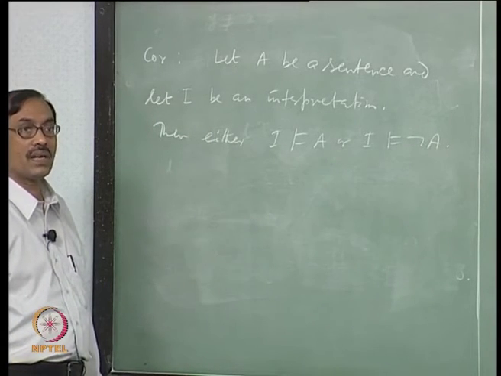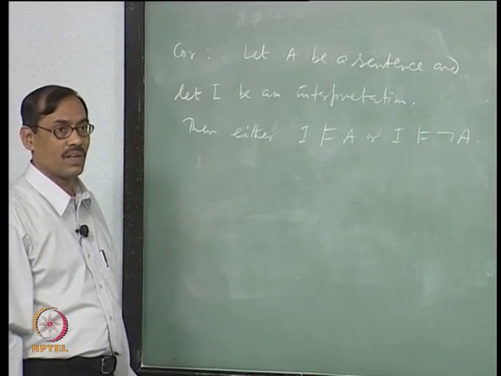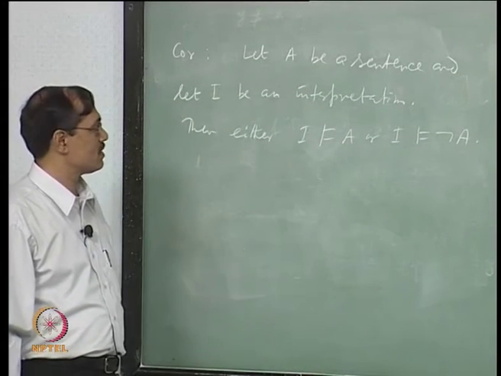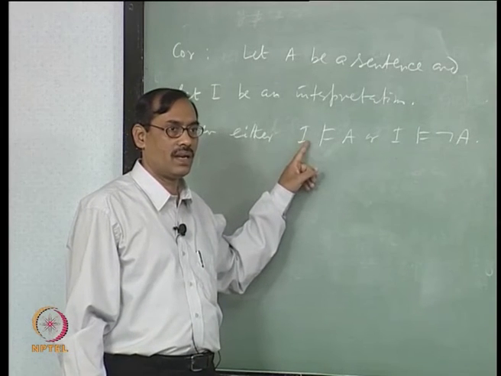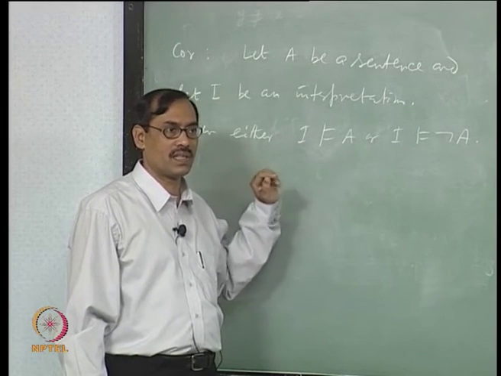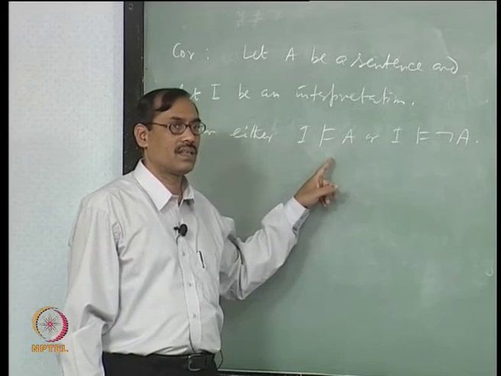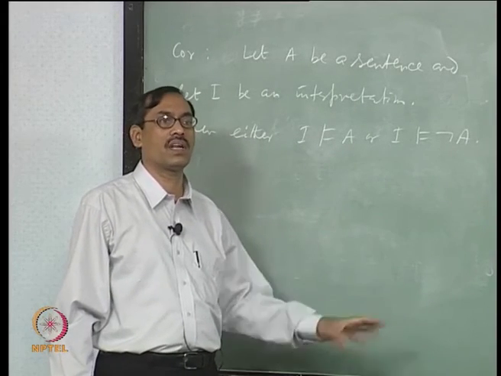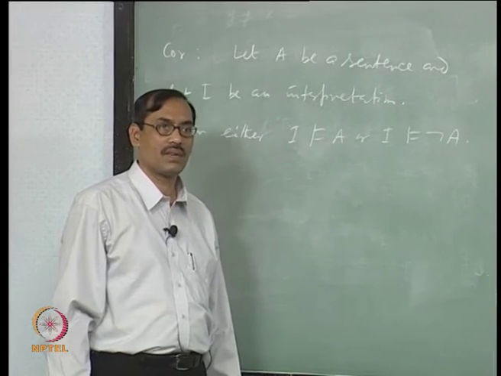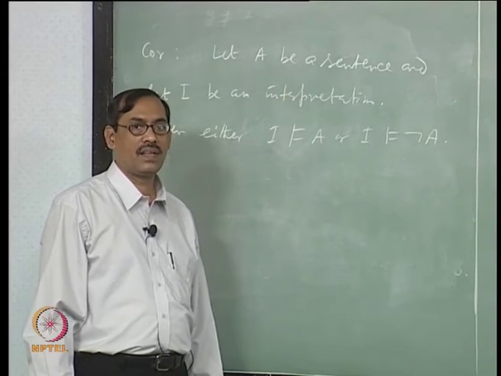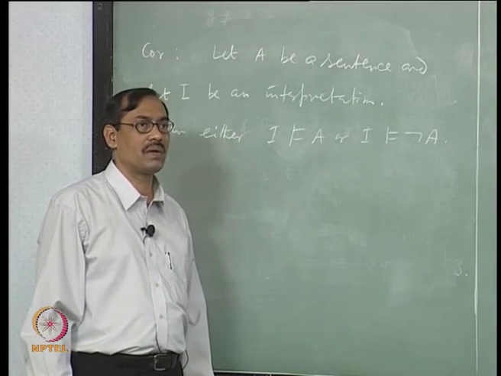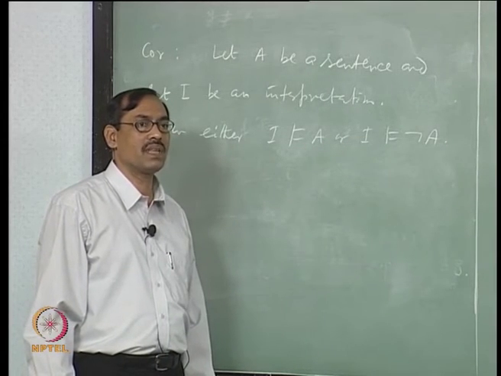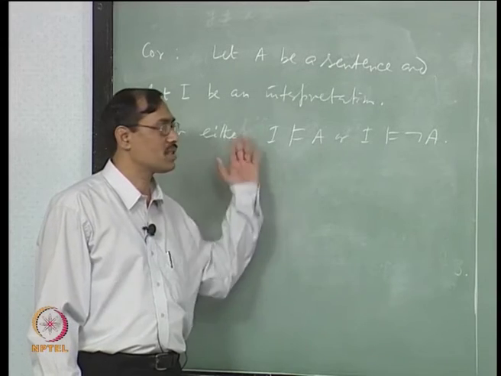For a formula it need not happen. Well, we will come to that. Now, see how to prove this. It is because you take any state, I L, a valuation under this interpretation. Now, I L either satisfies A or it satisfies not A by definition for the states. Now, due to the relevance lemma for sentences, I L satisfies A if and only if I satisfies A. So, just substitute in both places.